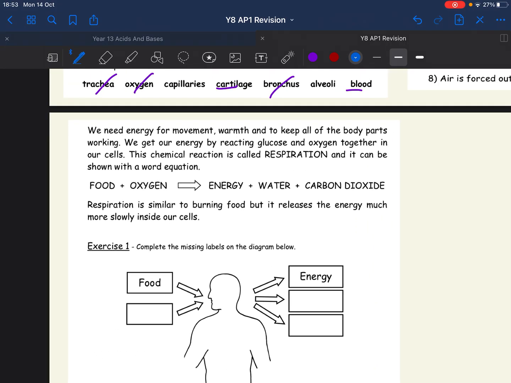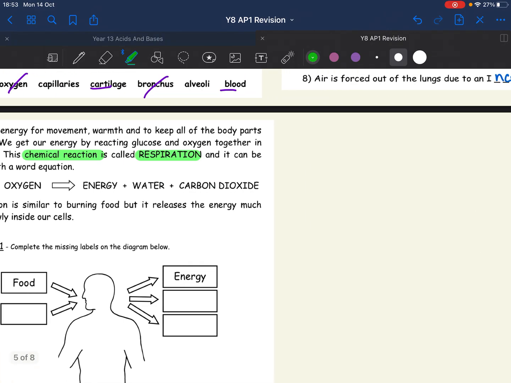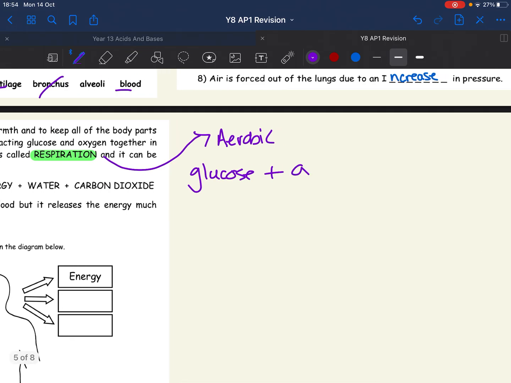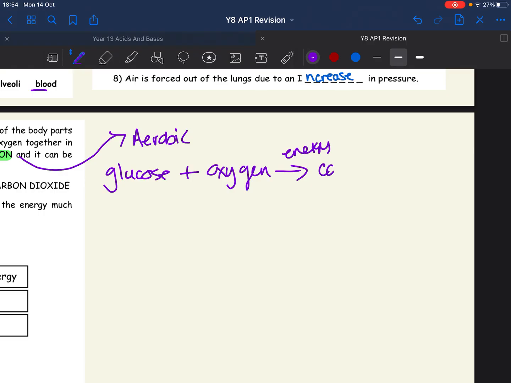Okay, right, so the last part is respiration, aerobic and anaerobic respiration. So the chemical reaction happening in the mitochondria is known as respiration, and there are two types. So the two types that we have are aerobic, and this is when glucose will react with oxygen and it will release energy and it will produce waste products, carbon dioxide and water.